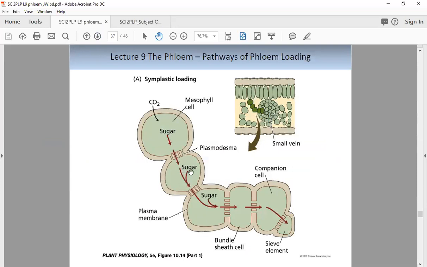Sugars are also synthesized in this cell. Sugars synthesized here, and now we're in a bundle sheath cell in this particular example, still following the plasmodesmata route into the companion cell and then loading into the sieve element. So 100% symplastic loading.